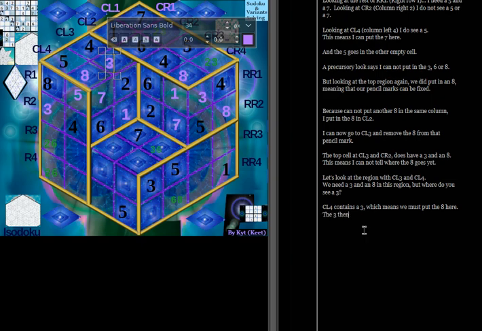The 3 then goes in column left 3, and the 3, 6 becomes the 6, and the 6, 8 becomes the 8.